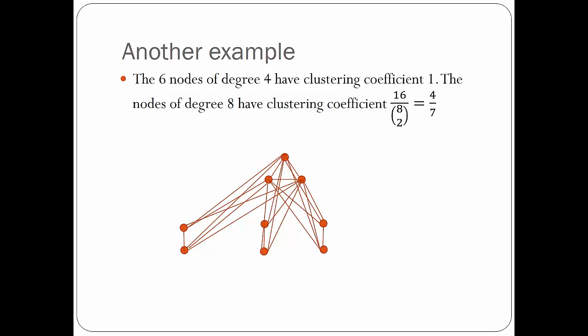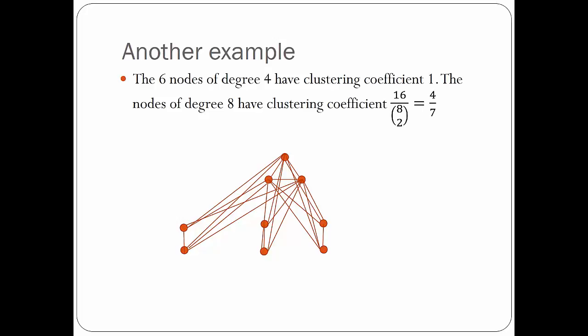But if you count, there are only 16 induced edges, because there are no edges running between the copies of the K2 block. So this ratio of 16 over 8 choose 2 reduces down to 4/7, fairly close to 1/2.